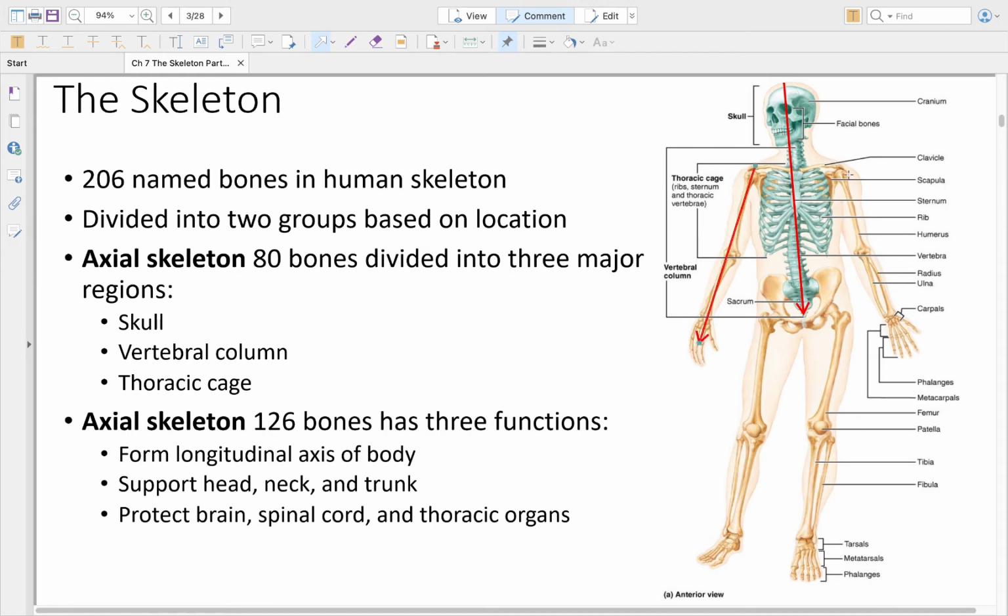And that's all highlighted or colored in this bone or yellowish color. So we have the lower limbs and the pelvic girdle to hold that, and we have the upper limbs and the shoulder joint and girdle to hold that as well.